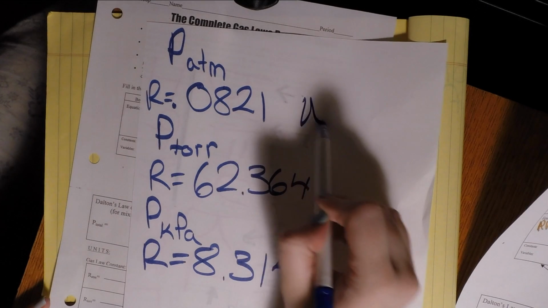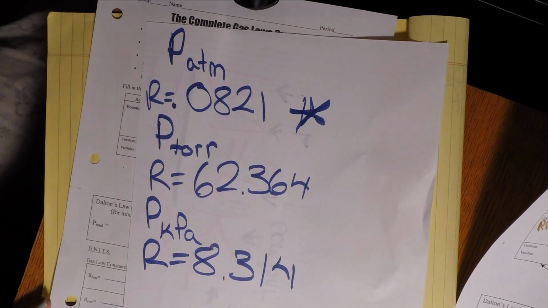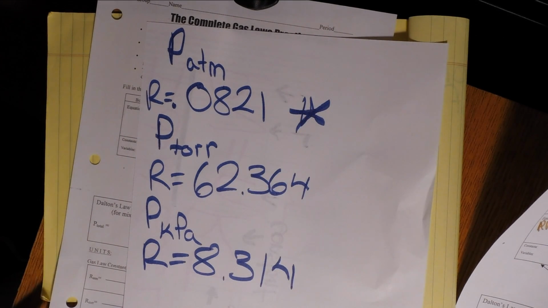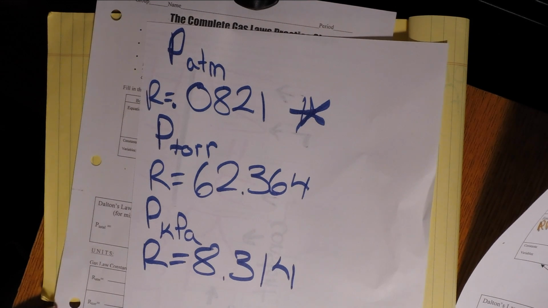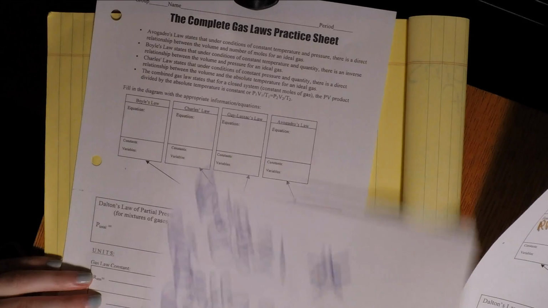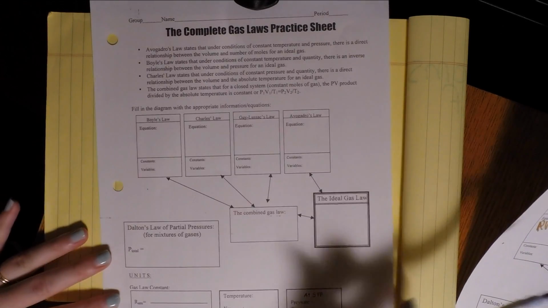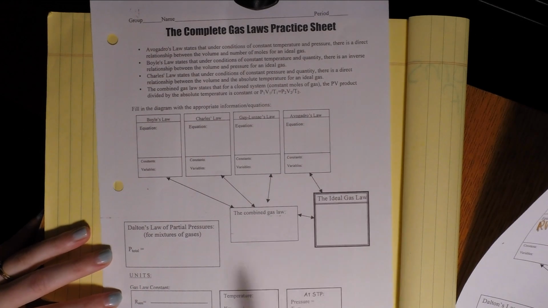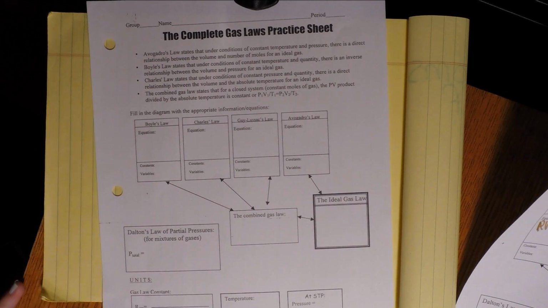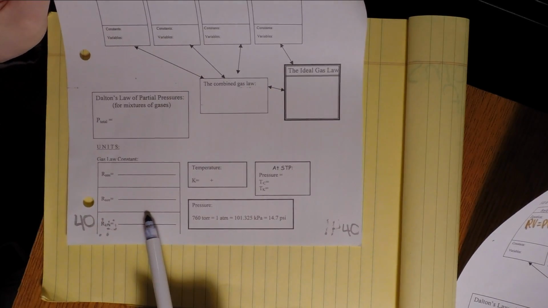This first one up here is the one we will use most often. Atmospheres is the most frequently used pressure unit in chemistry, at least in the chemistry that we will be doing. Okay, at this point, you should have filled in all of these boxes, this box, and this box.